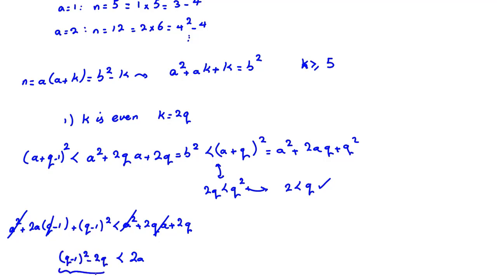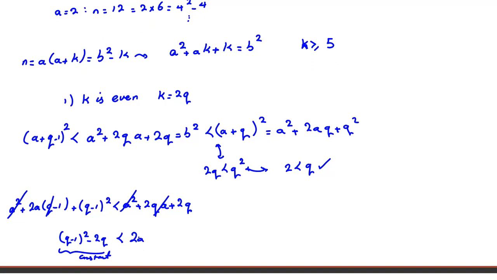This part is constant. And the problem says prove that there are infinitely many good k numbers. So you should prove there are infinitely many a's that are good. But after some a's, we have these two inequalities. And then we can say after that a, this number is between two consecutive perfect squares, a contradiction. So it is not good.